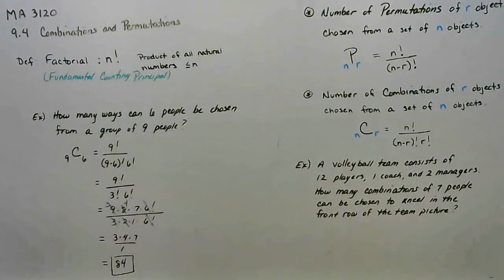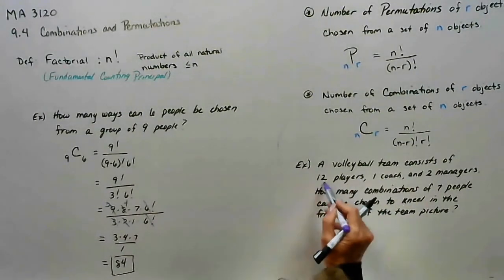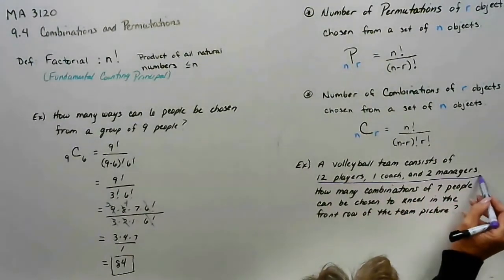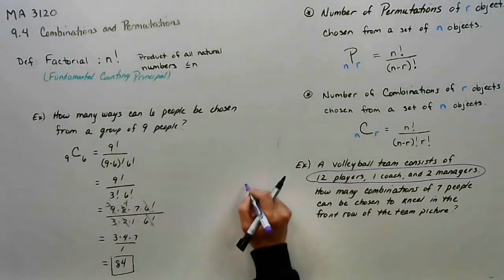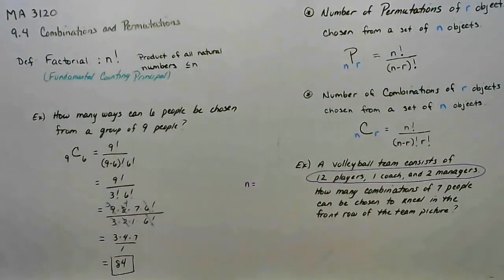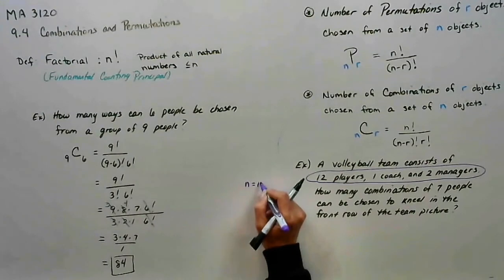Okay, so the first thing we have to do is figure out the number of people. So I've got 12 players, 1 coach, and 2 managers. So when I think about how many people we have, the total number of people is 15.